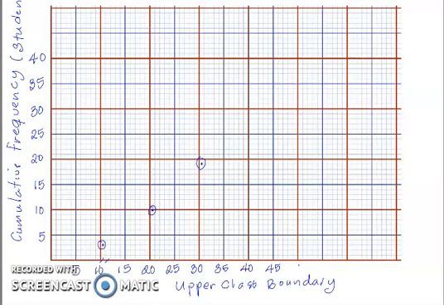40.5 corresponds to 30. That would be about here. 50, 45, this is 50, 55, and then 60, then 65.